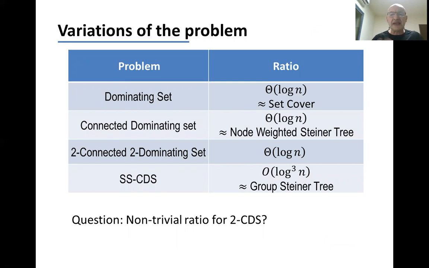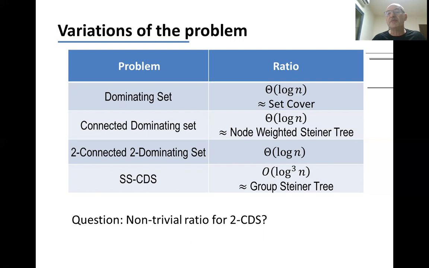And this problem is related to many problems that have a polylogarithmic approximation ratio. So one problem is the dominating set problem, which is essentially a set cover problem, and it has a tight ratio log n. Another problem is the connected dominating set problem, which is essentially the node-weighted Steiner tree problem, and it also has a tight ratio log n.